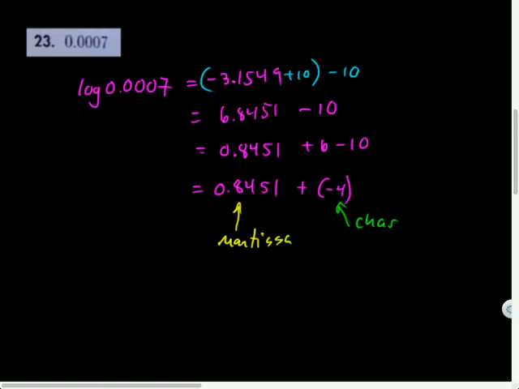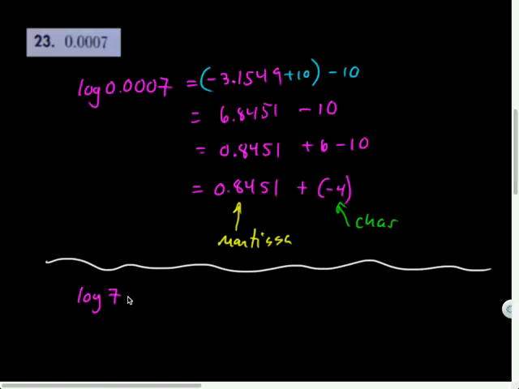So the other way you could have done this, alternate universe, if I wrote this in scientific notation, this would have been the same as log of 7 times 10 to the negative 3. So that's log 7 plus log 10 to the negative 3.